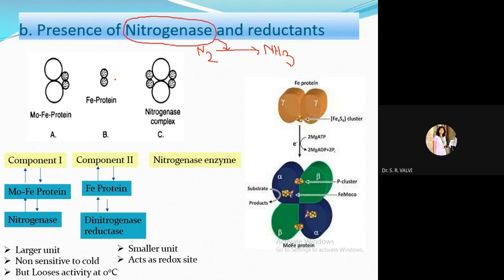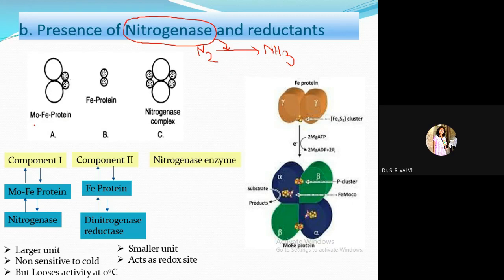Now concentrate on this particular diagram. Nitrogenase is made up of these two components, A and B. Look at the A part. I have written here MoFe protein.